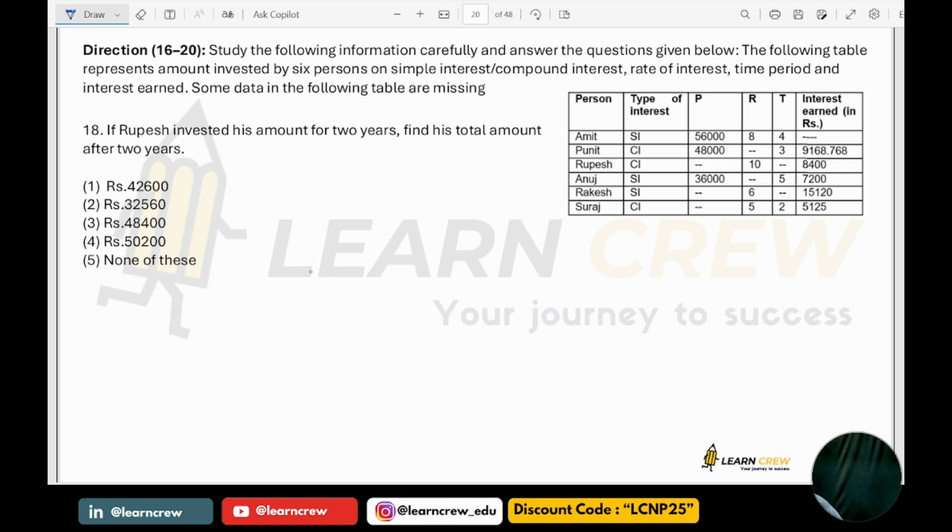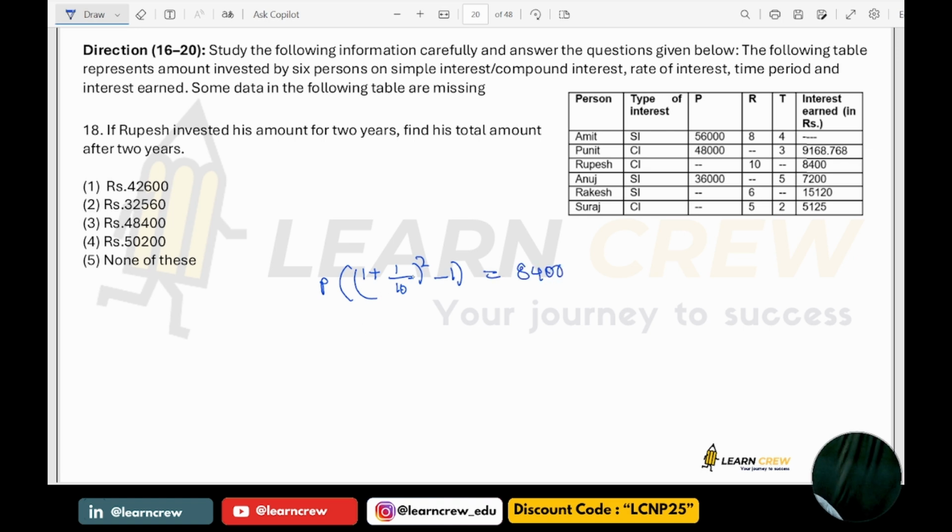For 2 years, what is the compound interest? It is given that the amount invested P into 1 plus R by 100, here 1 plus 1 by 10 whole square minus 1, is given as 8,400.